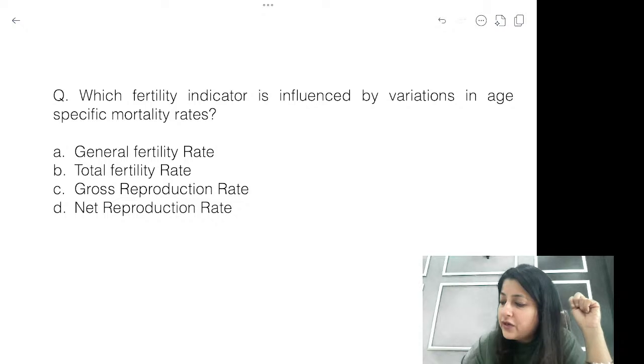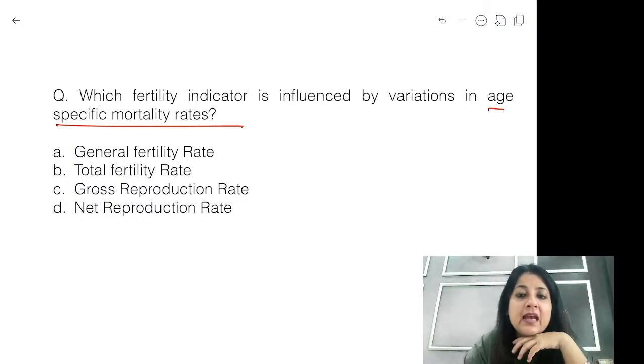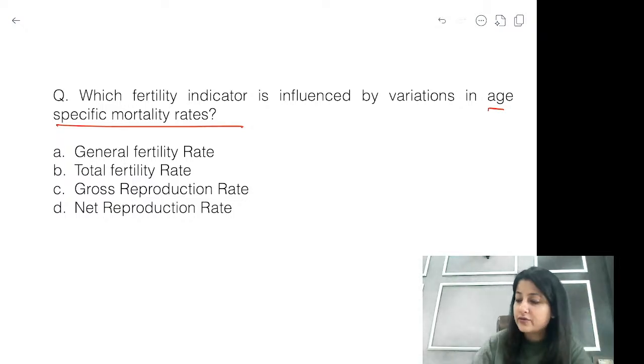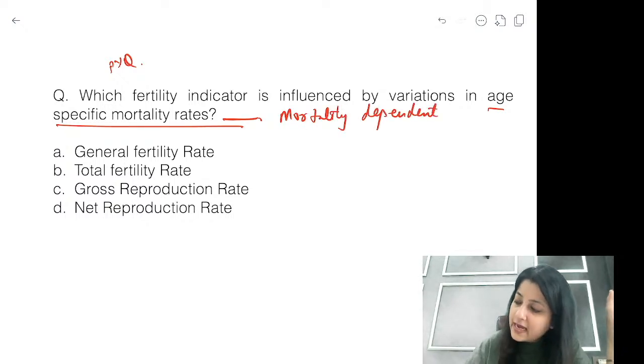Which fertility indicator is influenced by variations in age-specific mortality rates? This should not go wrong, it is a very important question. What I'm trying to ask you is the mortality dependent fertility indicator.